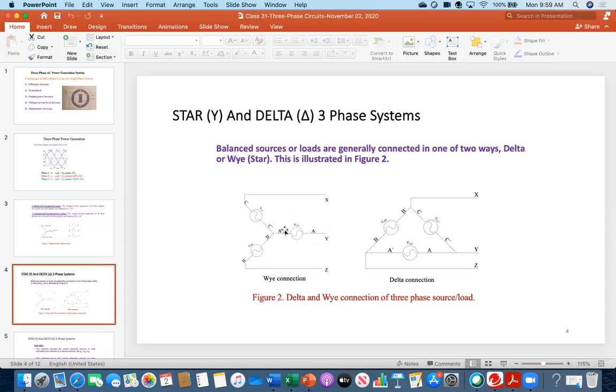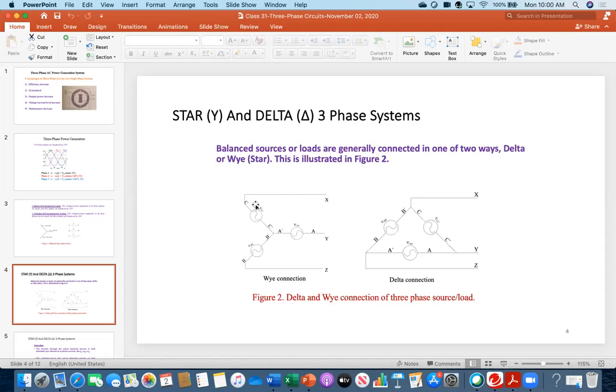For example, you connected an ammeter here. This means you connected the ammeter in series with this phase, so that is called the phase current. For example, you got 10 ampere, just an example. Next time, you connected the ammeter at the point Y. Because it is series, you will get the same reading, 10 ampere.